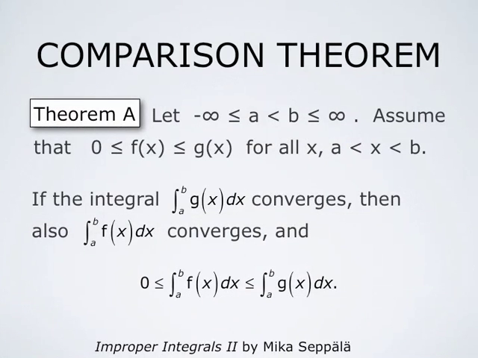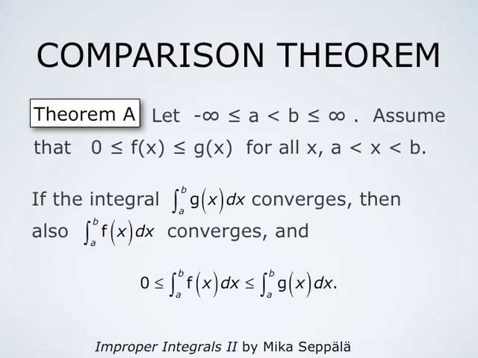The comparison theorem for improper integrals has two parts. The first part gives a condition under which a given improper integral converges, and the second part gives another condition under which another given improper integral diverges. So now we consider the interval of integration from a to b, where a can also be negative infinity and b can be positive infinity.